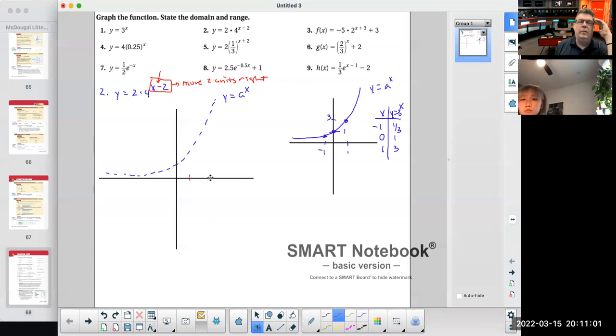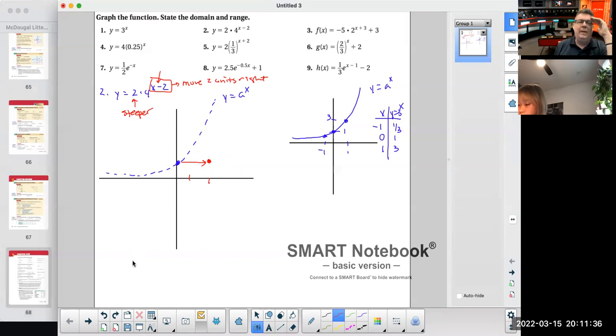So this point at (0, 1) is going to move 2 units to the right and be at (2, 1). The entire graph shifts that way. But the 2 in front means it's going to be steeper. It's going to go up a lot quicker.